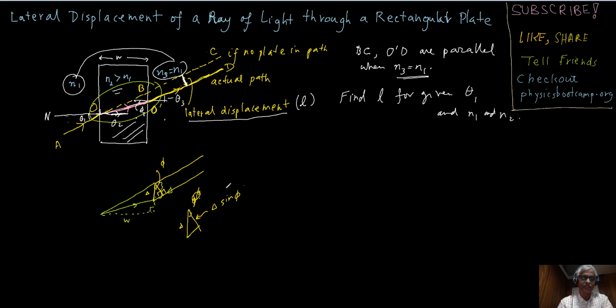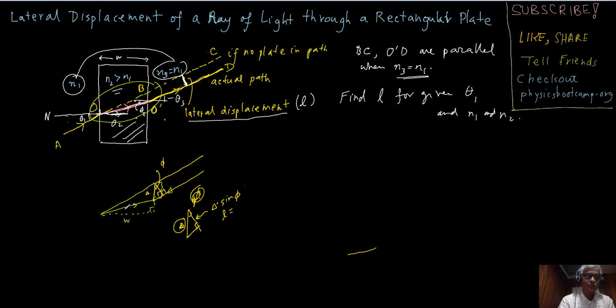This angle is phi. So this will be L, because this is 90 degrees, and so it comes down to finding delta and finding phi.